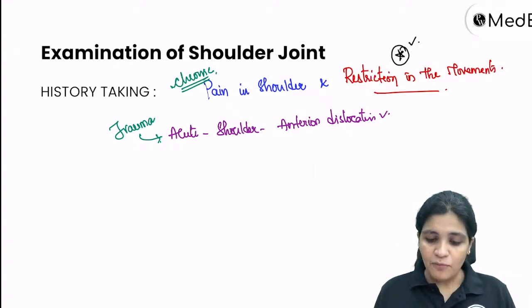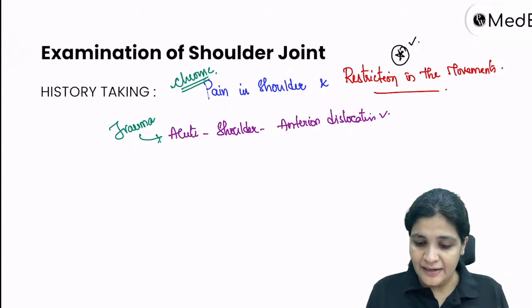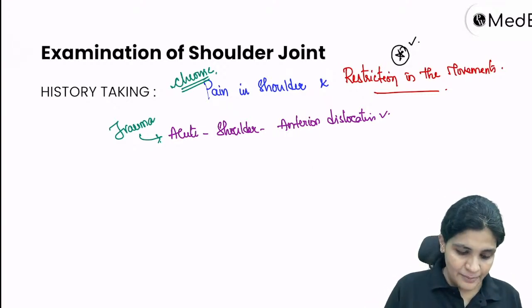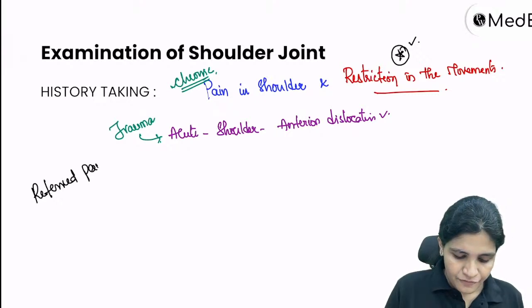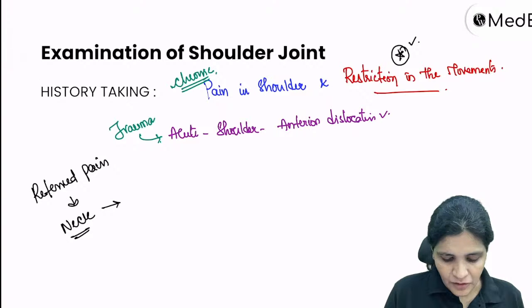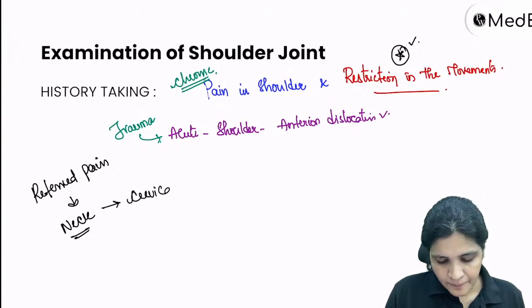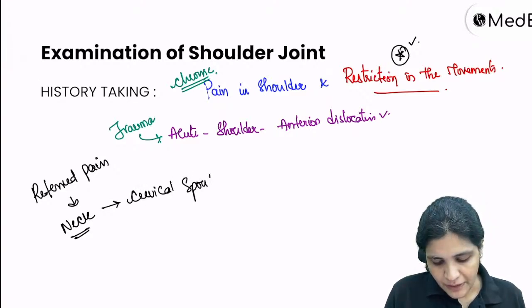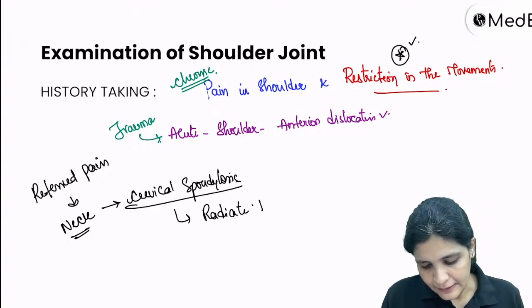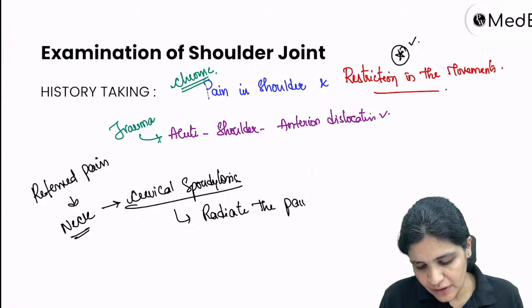Now what I want to tell you is that regarding the shoulder, most of the pains will sometimes be a referred pain from the neck. For example, your cervical spondylosis will radiate the pain to the shoulder.